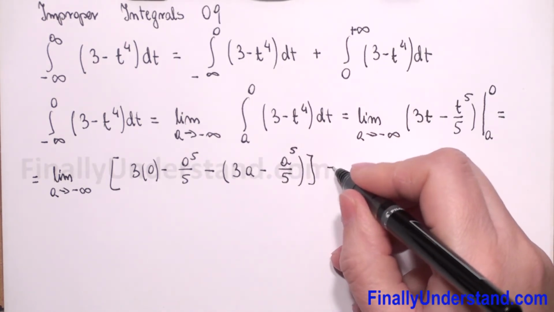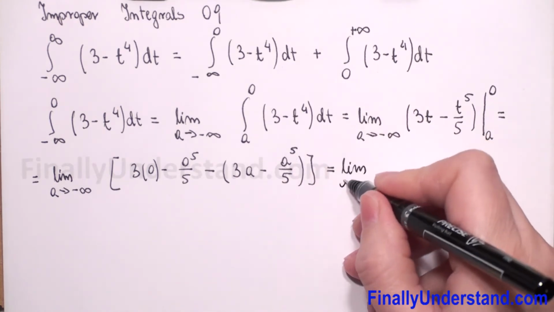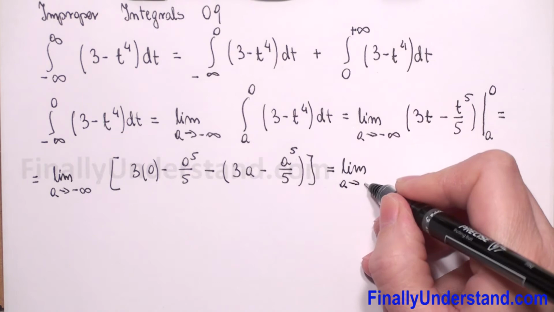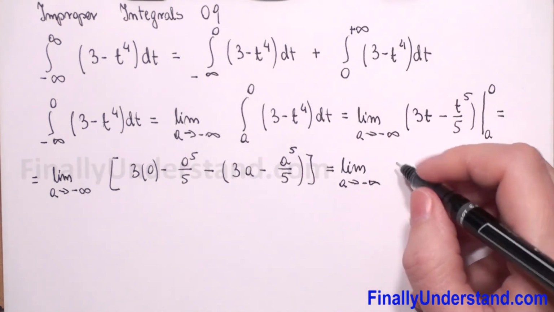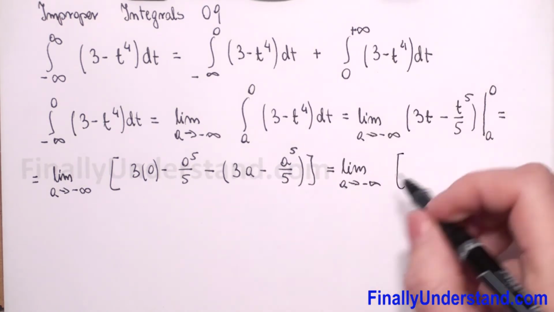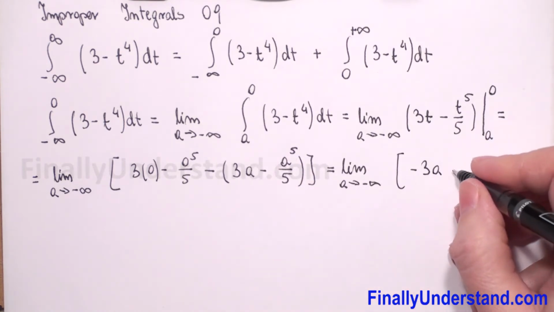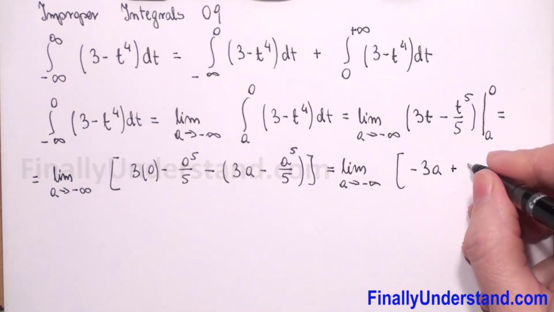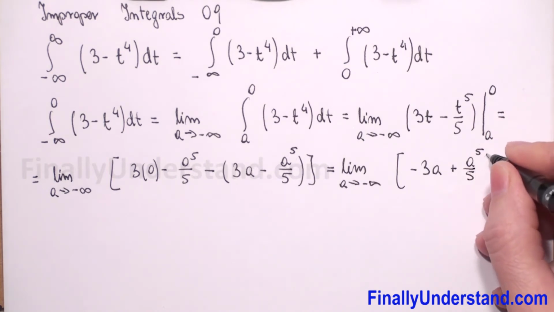Close bracket. 3 times 0 is 0, and 0 over 5 is 0, so we don't have to write it. Negative 3a only, and the negative of a negative gives a positive, so we have positive a to the 5th power over 5.